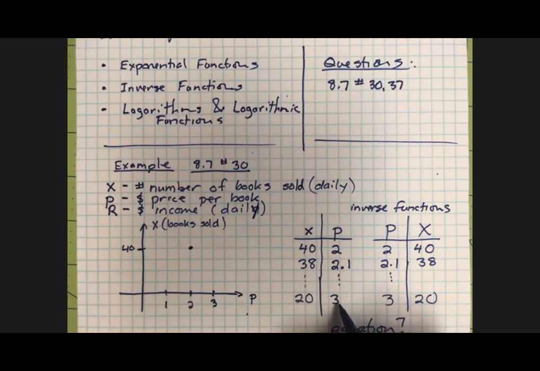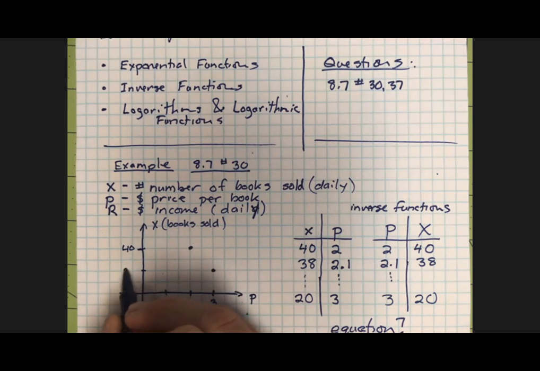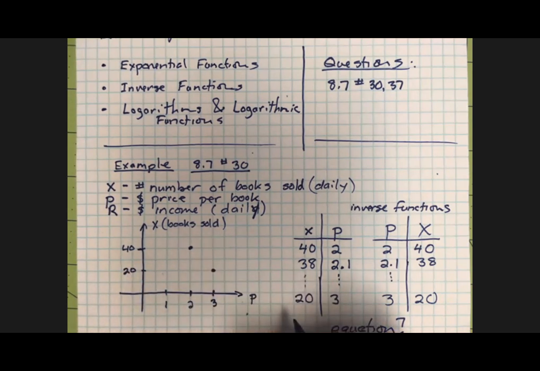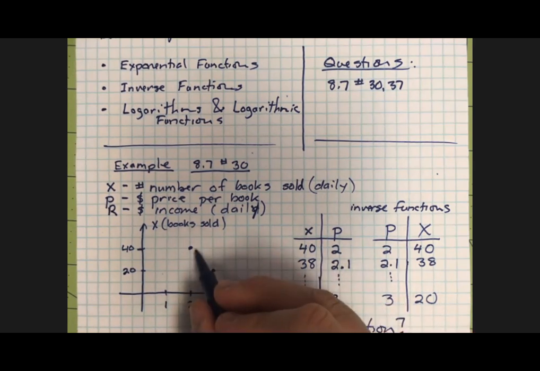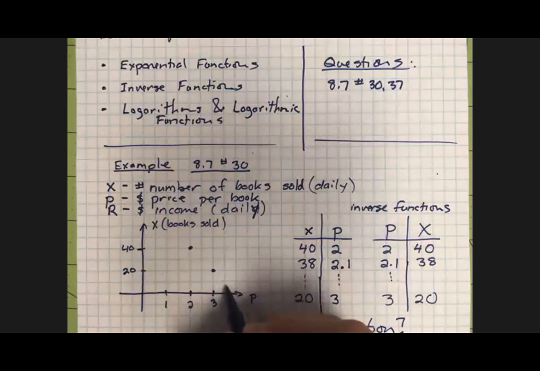And if you set the price at $3, you get 20 books sold. That's way down here. I'm trying to draw a responsible scale. This is a pretty good scale. And every time I increase by 10 cents, I drop 2 books. This equation is a line.